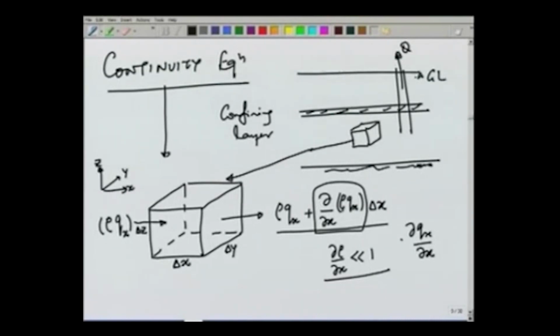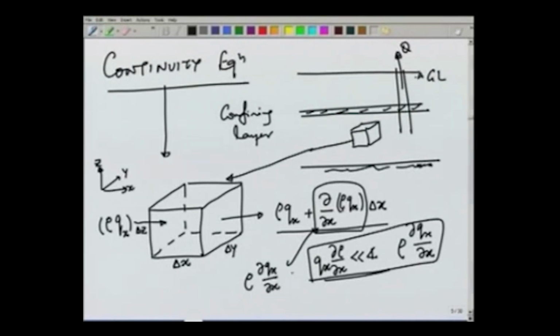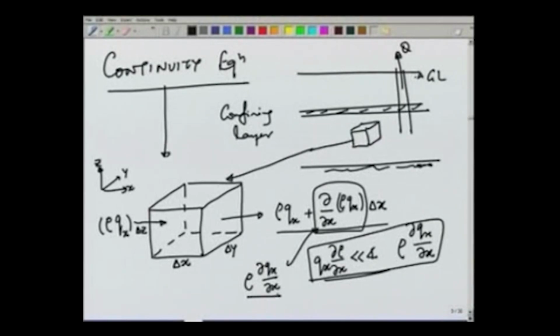So, if we write rho del qx by del x and write qx, then compared to this term it can be neglected, and therefore, generally we write this term only as rho del qx by del x. So, we will be making this assumption that the change in density can be ignored, and therefore, it can be taken out of the derivative, and we can write it as rho del qx by del x.